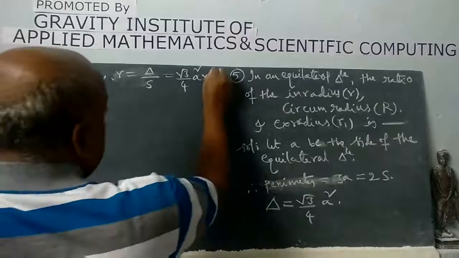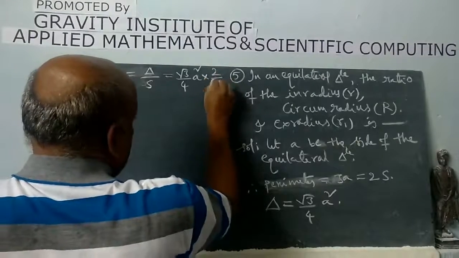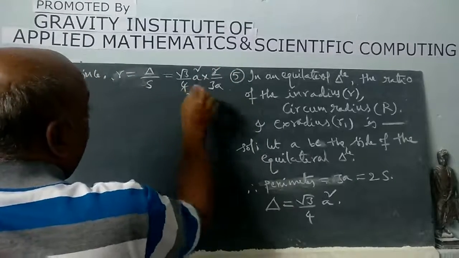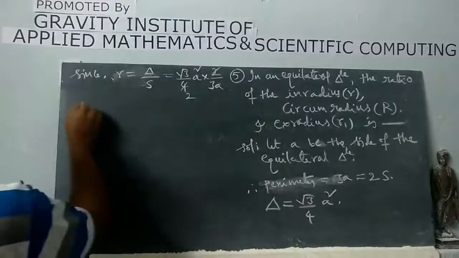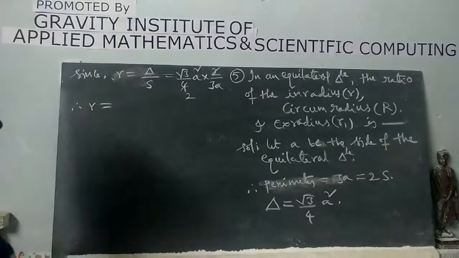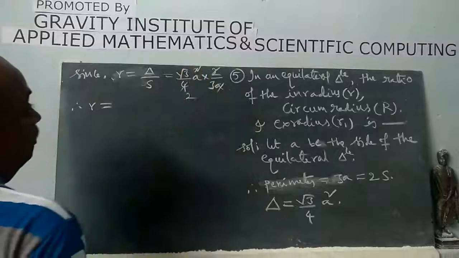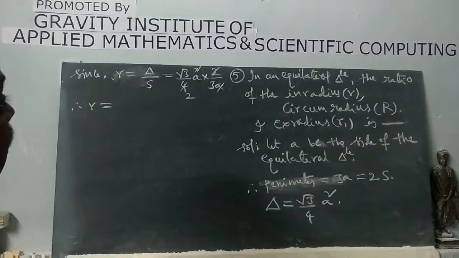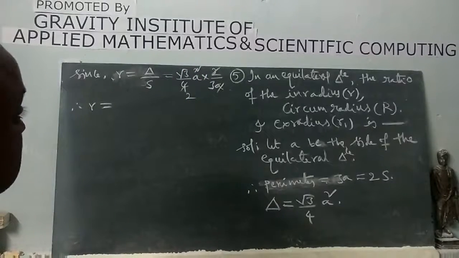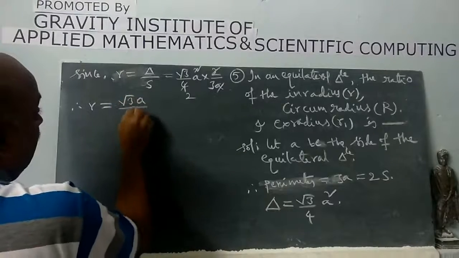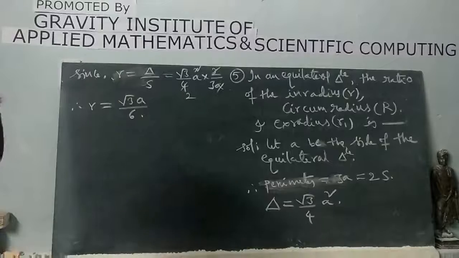Here a also gets cancelled, so r is equal to root 3 a by 6.